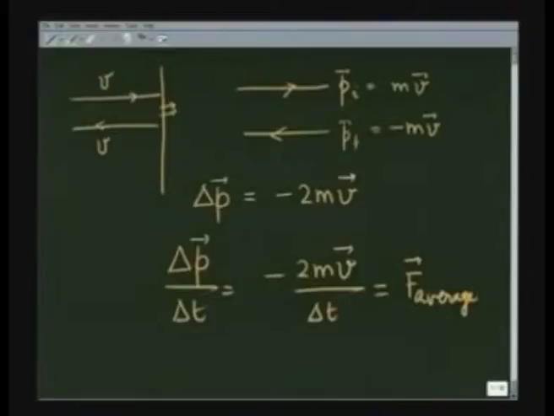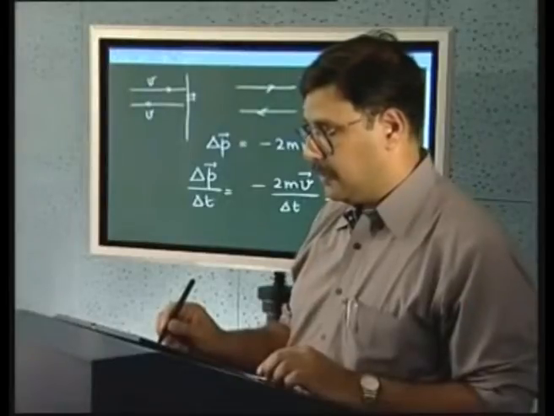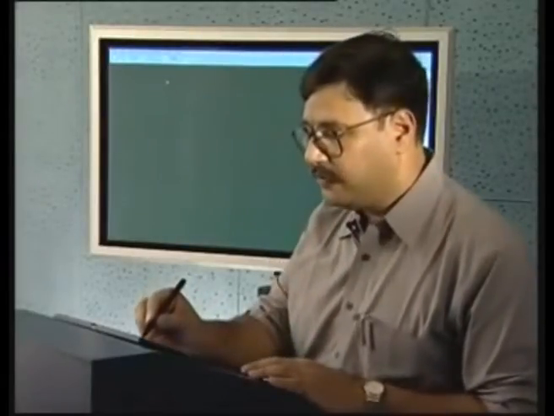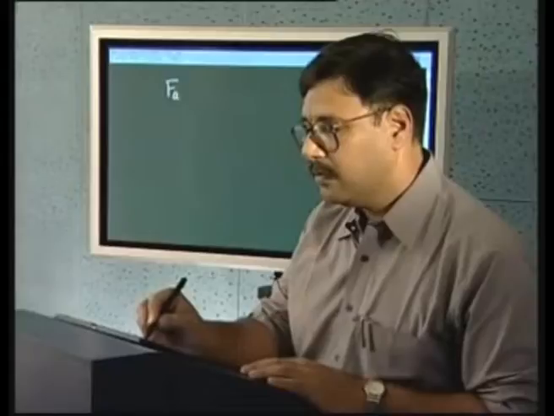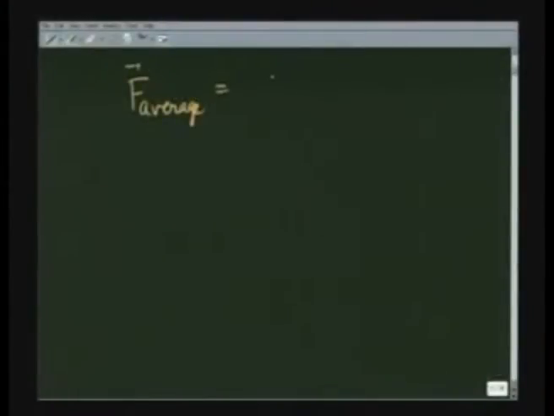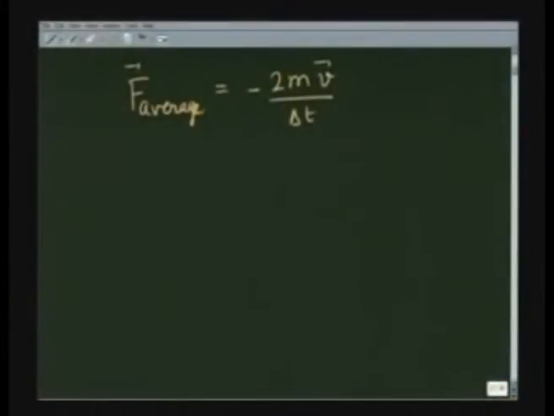So, a ball hitting a wall applies a force on it. Let me now ask, is this average force that I have written as 2 m v over delta t with a minus sign here, same as the force at different instants?